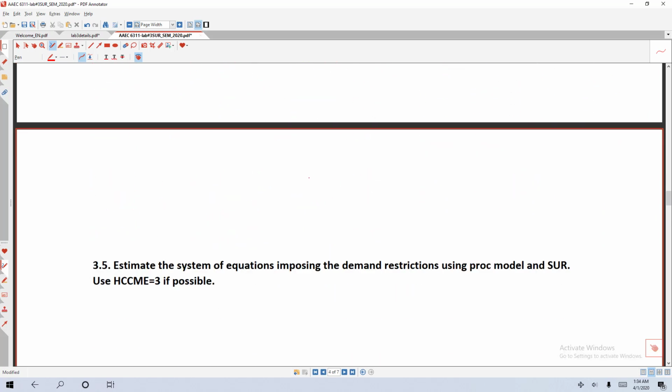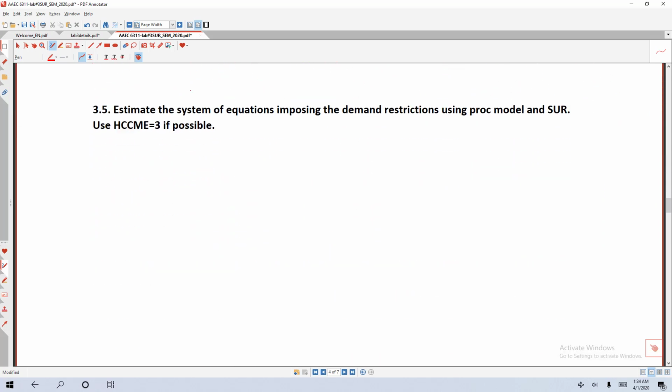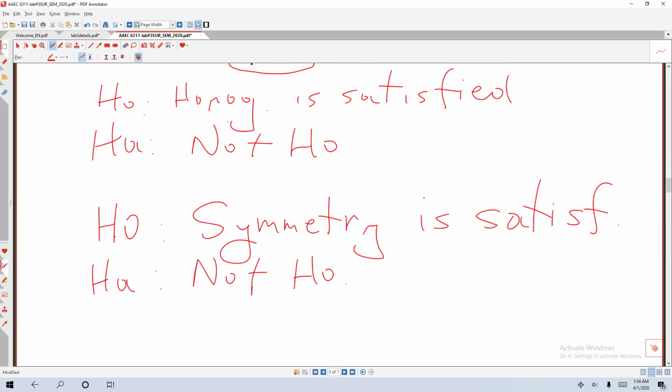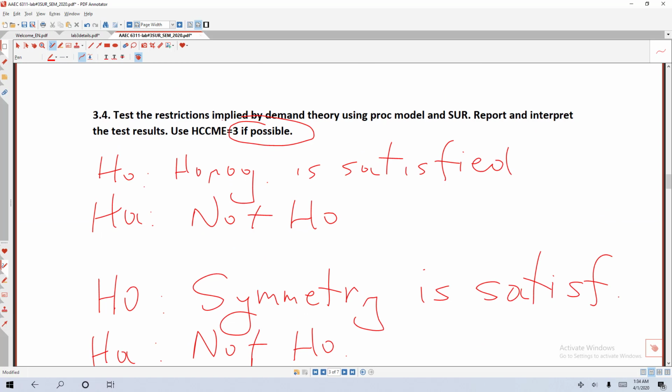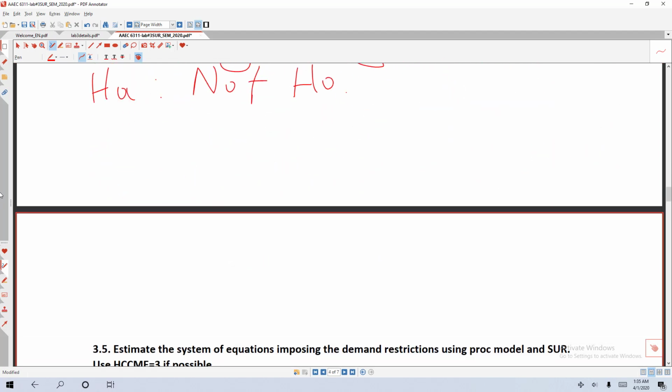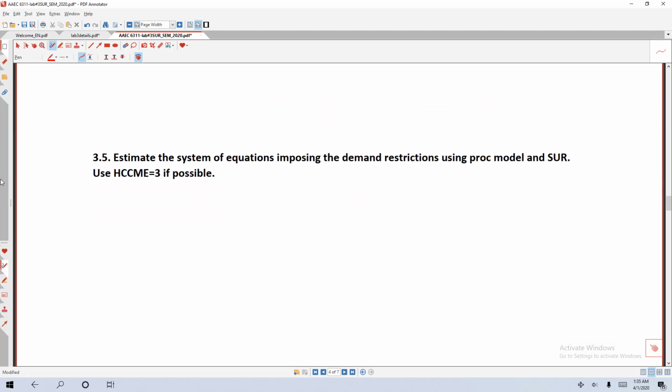It's kind of confusing. And then you see two things going on here. Here we were testing the theory. So you can test the theory to see if they are valid or not. In the next step, we're estimating the system of equations, but what we're doing here is imposing the restrictions.